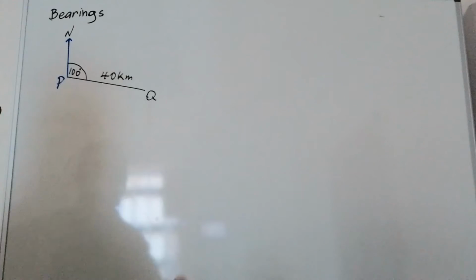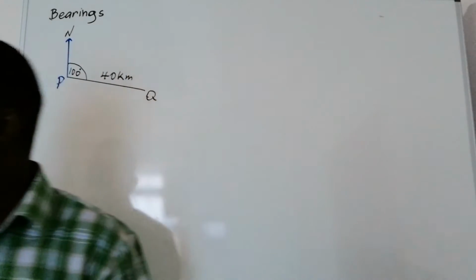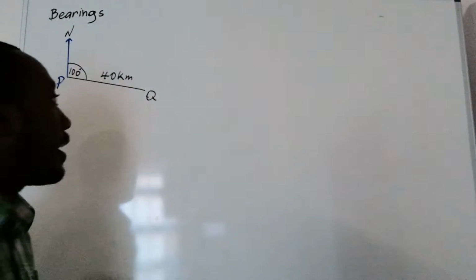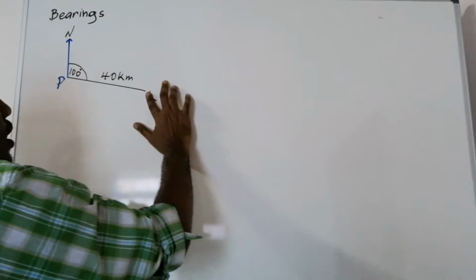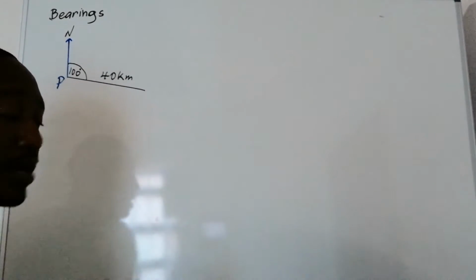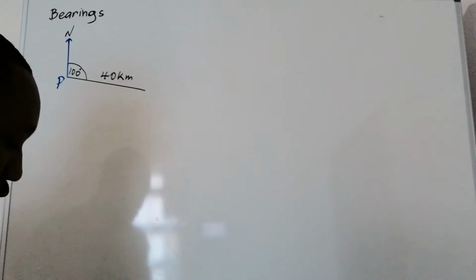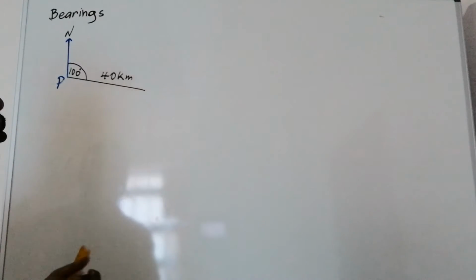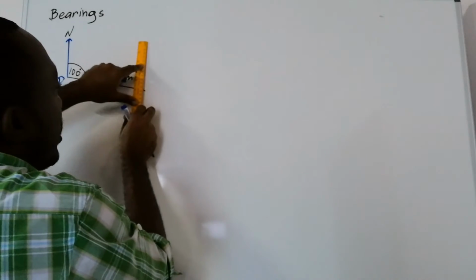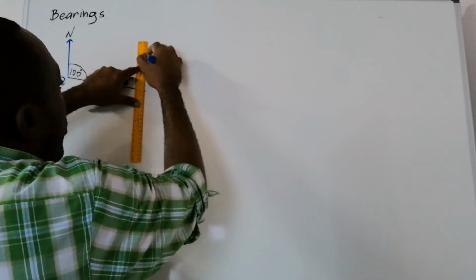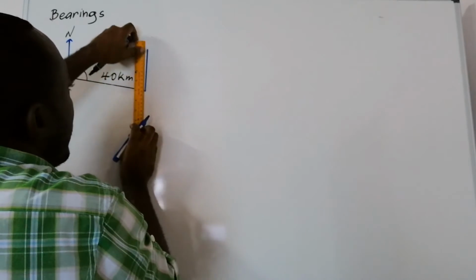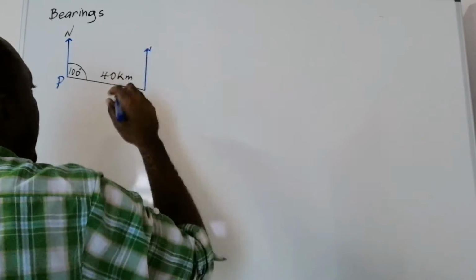So in this case, we have to draw another north line. Let's draw another north line so we can measure the bearings. Remember that every time we have to draw a bearing, we have to draw our north line. So that's our north line.